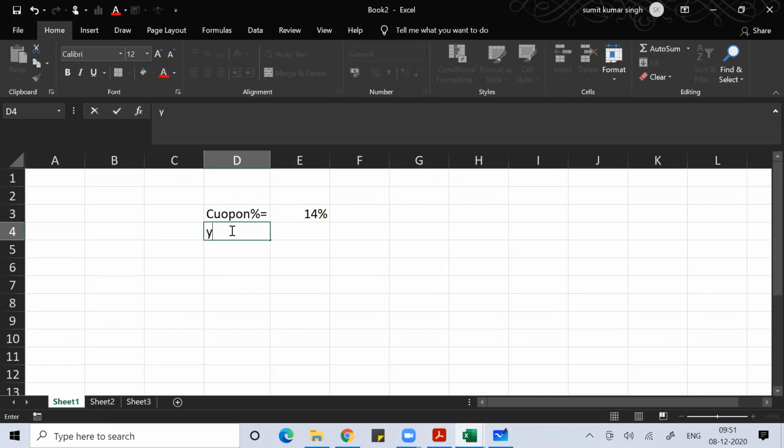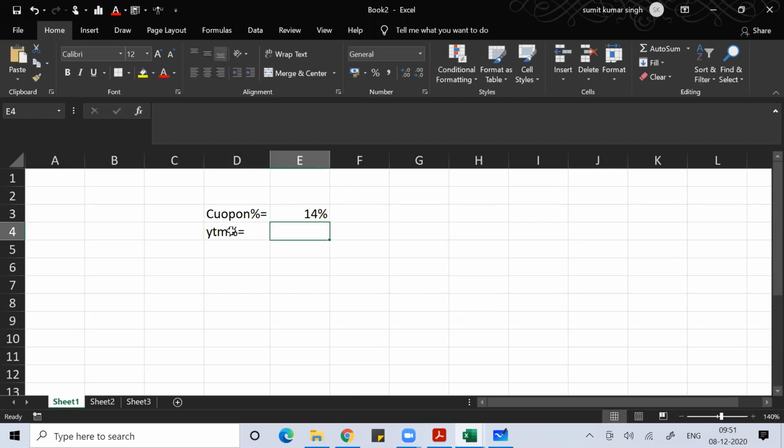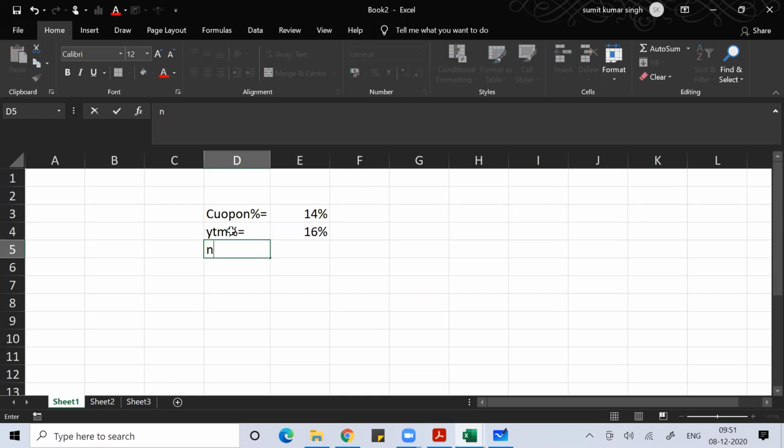Your YTM means yield till maturity. YTM was 16 percent, and the year was how many? 5 years.